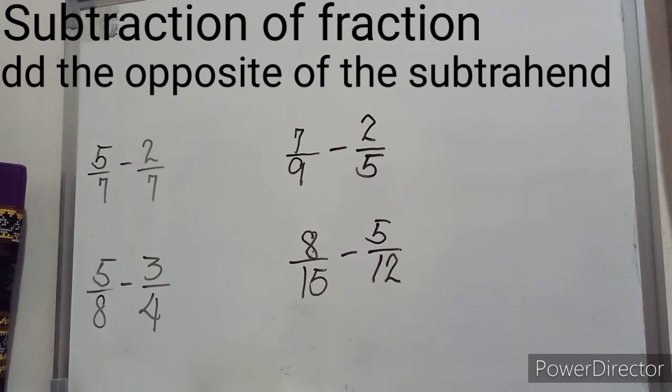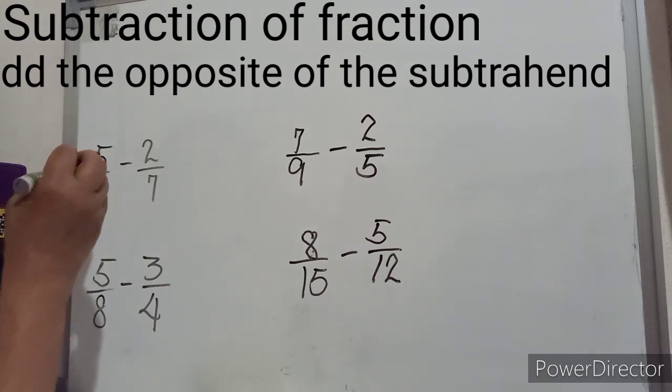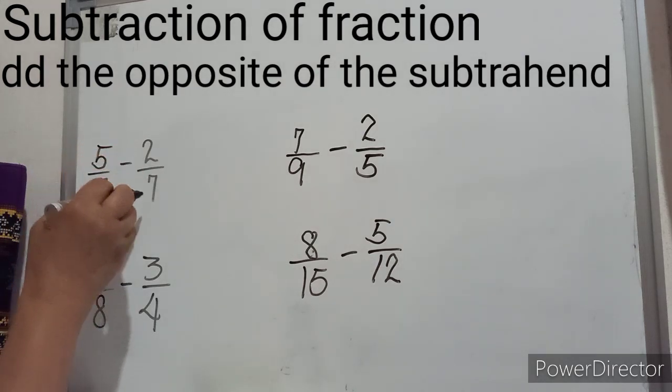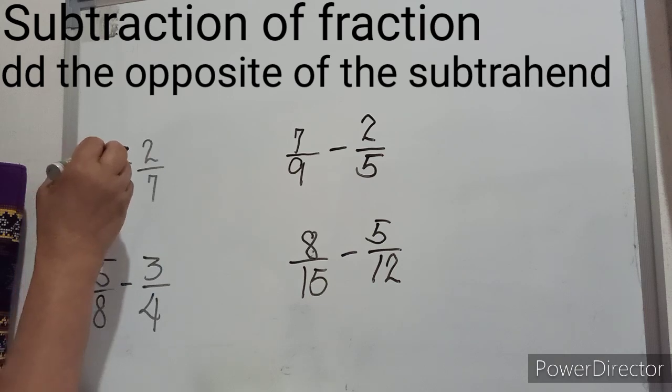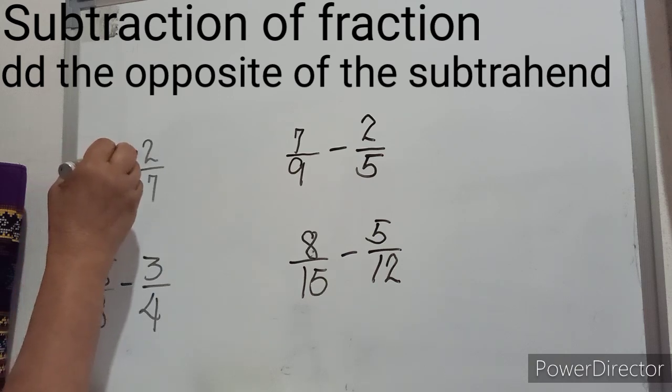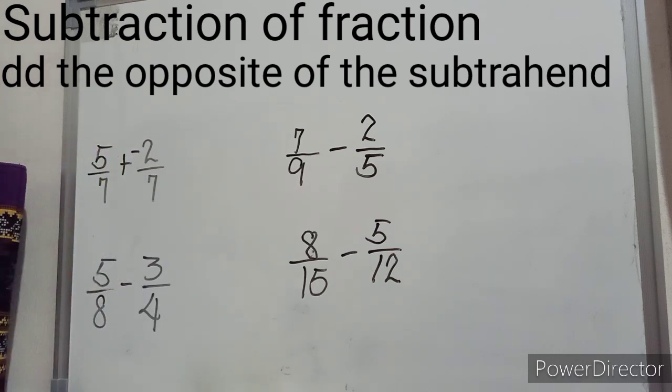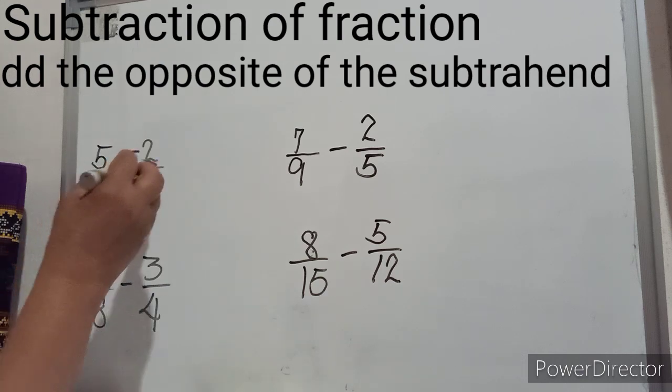Thus, if we are going to subtract this, we need to add the opposite of the subtrahend. The subtrahend is 2 over 7. It's positive, so we have to take its opposite. It's negative. Then we have to add.